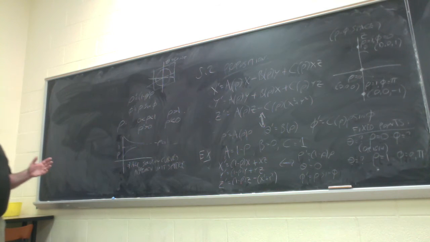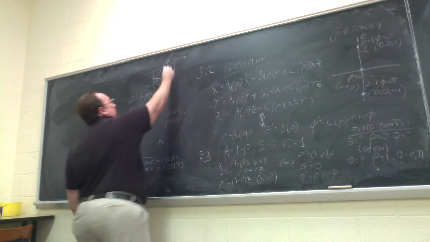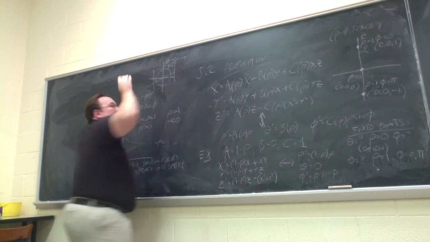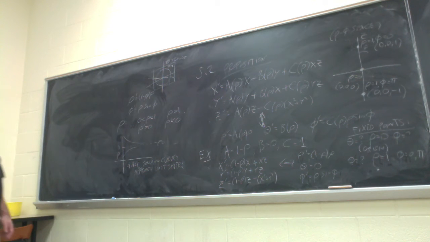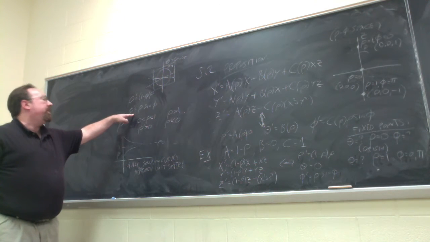So all we know at this point is solutions are converging to something on this circle where rho equals 1. So it's like a slice, a cross-section of the unit sphere. But maybe we can narrow it down further, because we also have to look at phi prime.